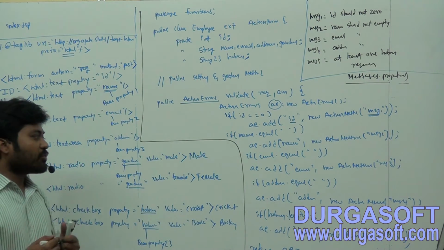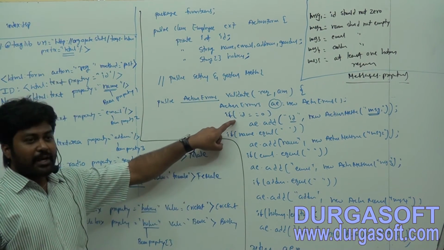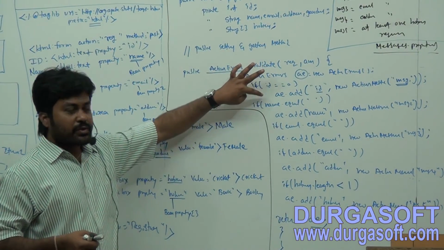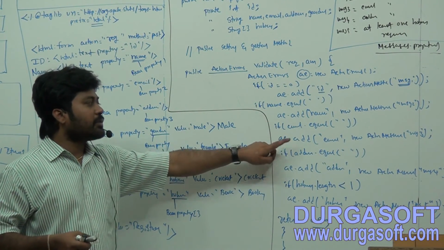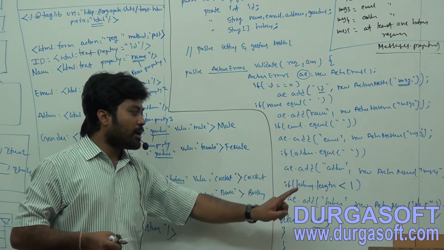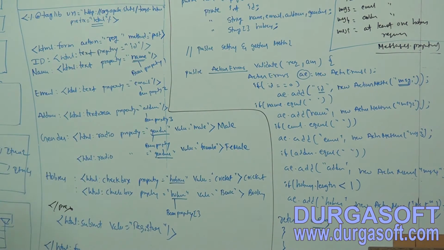What will this ActionErrors object hold? In case ID is 0, the ID error message. In case name is empty, the name error message. In case email is empty, the email error message. If address is empty, the address message. For hobbies, the hobbies error message will be added to your ActionErrors object. Finally, that object you need to return to your input form.